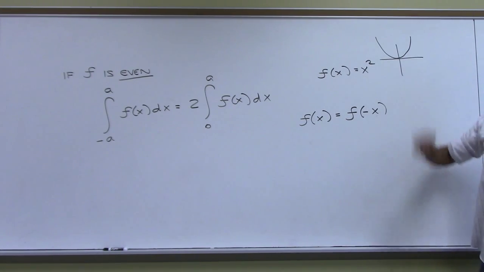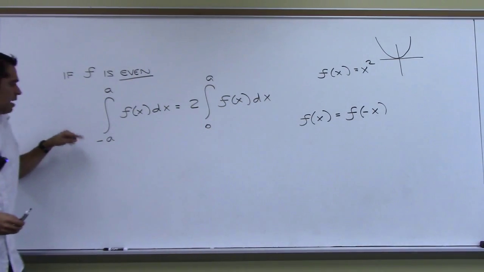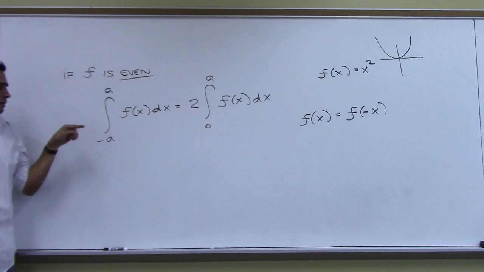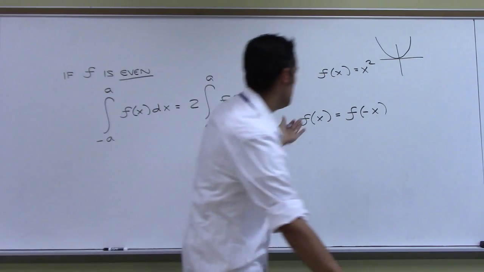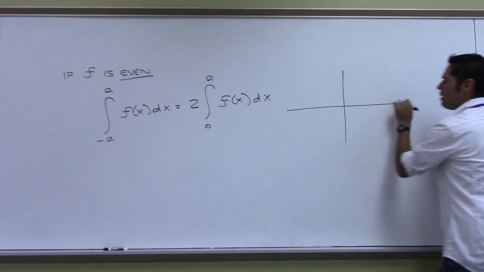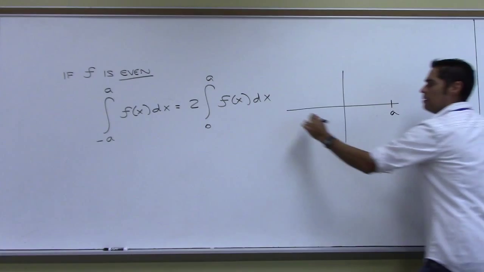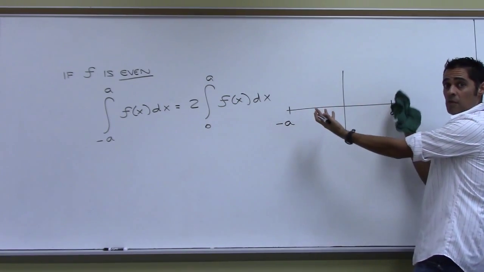So what this is saying is that if you integrate, not from a to b, but from negative a to positive a, then you're picking up both sides of the y-axis. You're going out to a, but from negative a, so you've got the left side and right side.